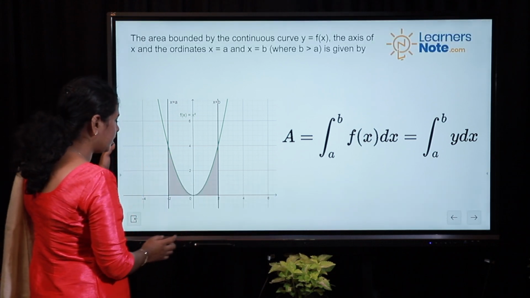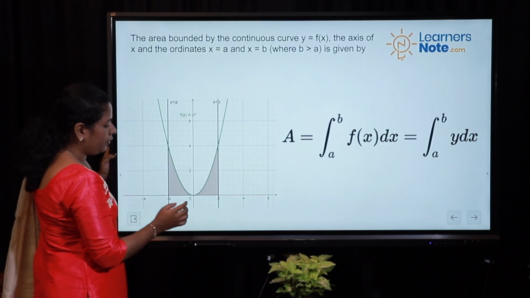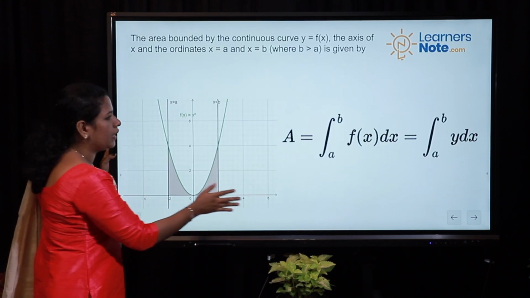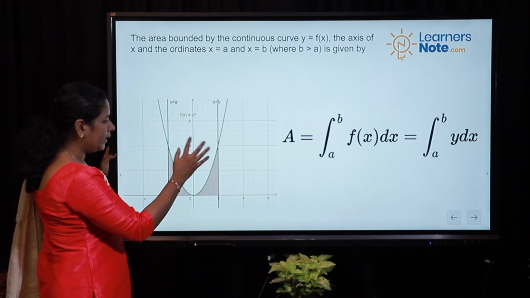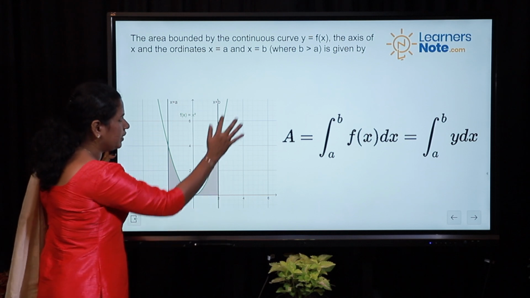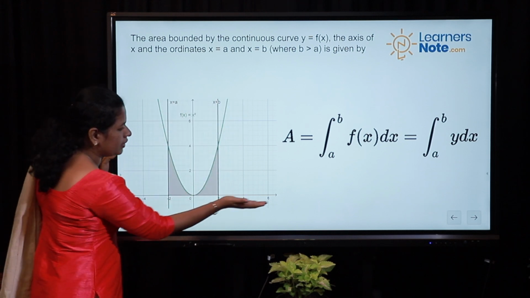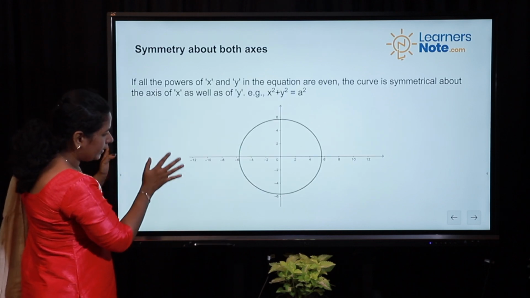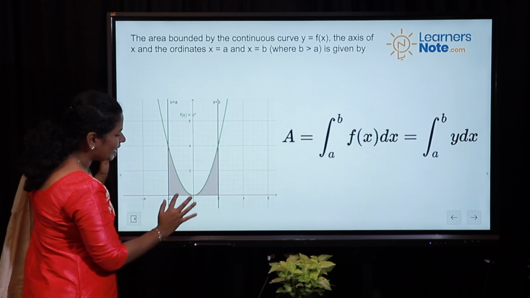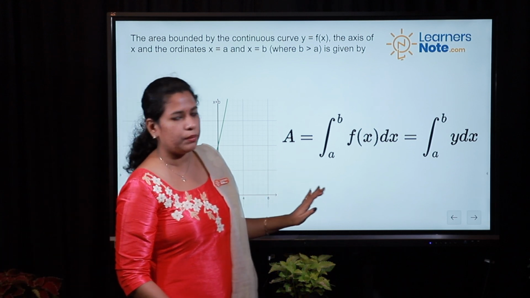This is our x-axis. So we are taking the upper limit and lower limit like this. For finding the upper limit and lower limit, we take the area under this curve. This is our curve, and you will get the equation for the curve. Then this is our x-axis. So we are taking the area with respect to this x-axis. We can use this equation for calculating the area.